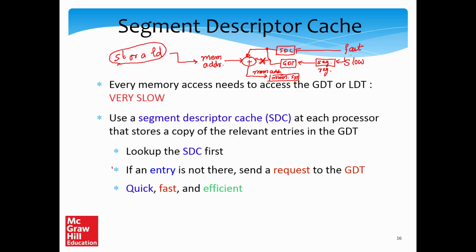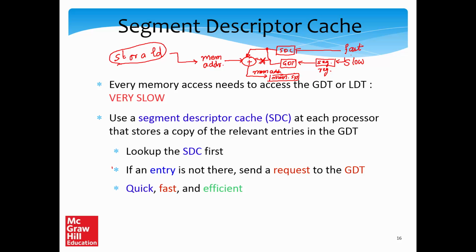So what is the idea? We look up the SDC first. If an entry is not there, then only we get it from the GDT and we populate the SDC. Otherwise, we take the value from the SDC. This method is very quick, fast and efficient, and almost hides the fact that we are adding an additional level of work to every memory access.